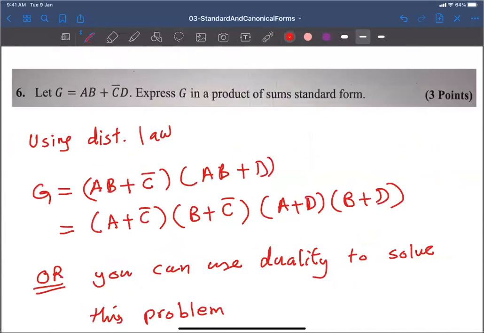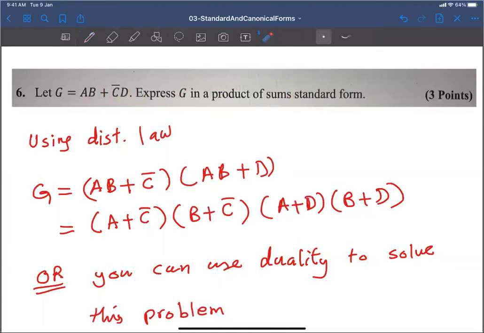We would like to express this, which is given as G, AB ORed with C complement D, expressed in sum of products, in product of sums standard form. Now we can use the distributive law to do that.